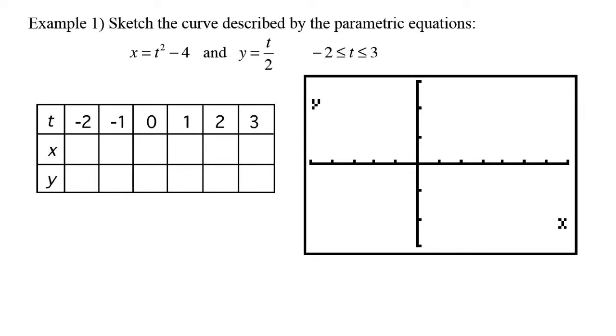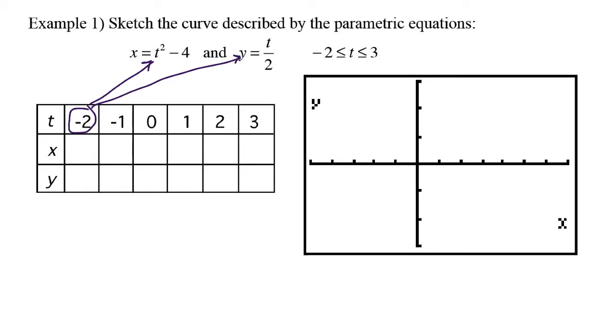The first part, we always start off with doing some kind of sketch, and it will always start off with a t-chart of some sort. So for our first part of our t-chart, we're given very specific values of t, and we're going to take that t value and plug in for both x and for y to get specific values and generate our ordered pairs.